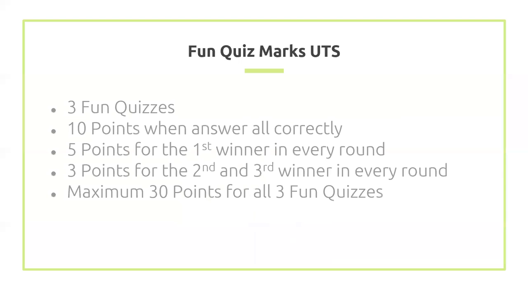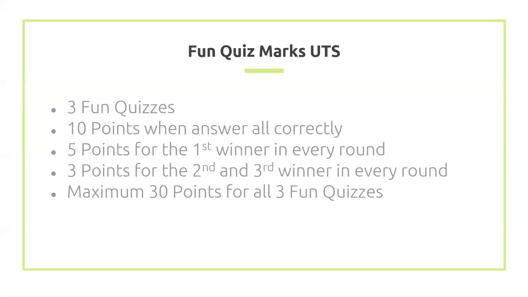All right, so I've been thinking about the quiz. I'm not changing the marks for the quiz, but I'm thinking about bonuses. The maximum points for all 3 fun quizzes will still be 30 points.